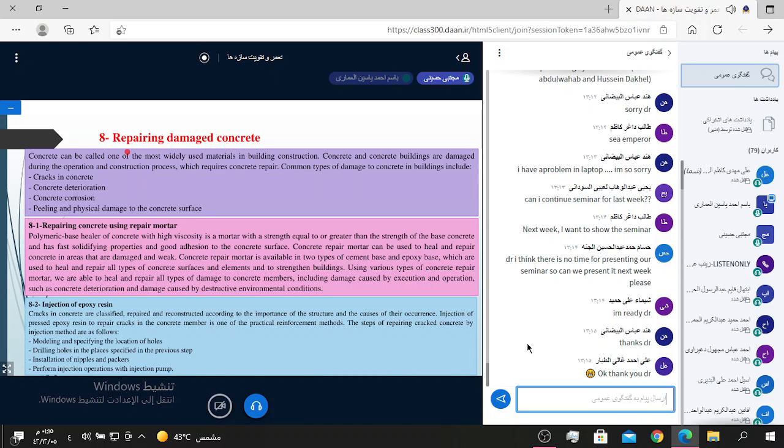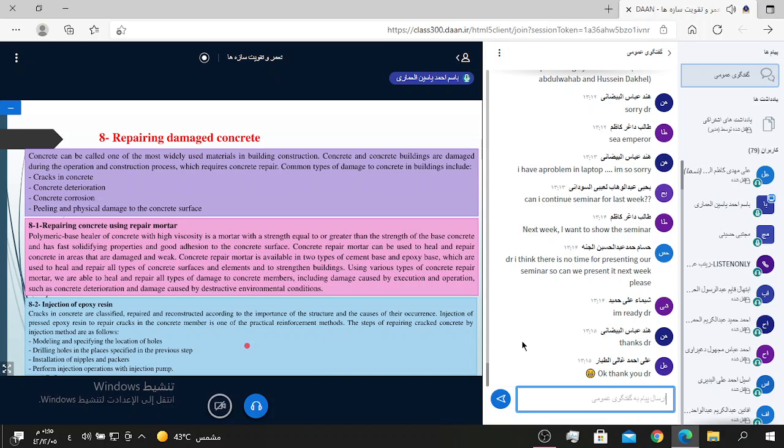Repairing damaged concrete, it is very important. Concrete can be called one of the most widely used materials in building construction. Concrete and concrete buildings are damaged during the operation and construction process, which requires concrete repair.